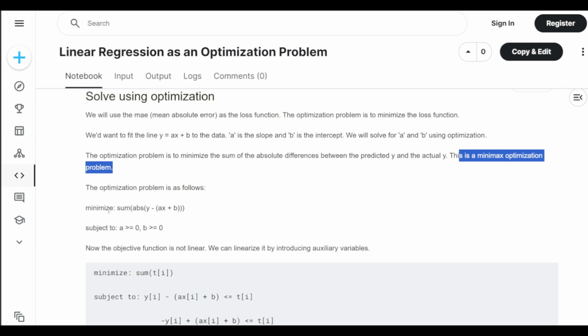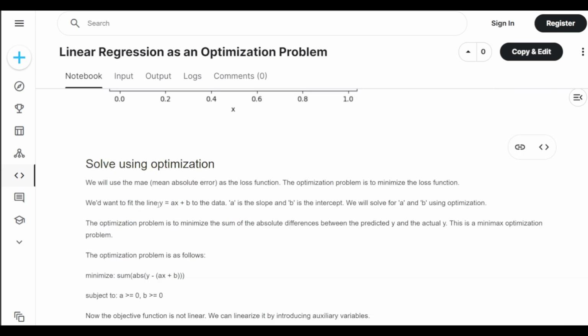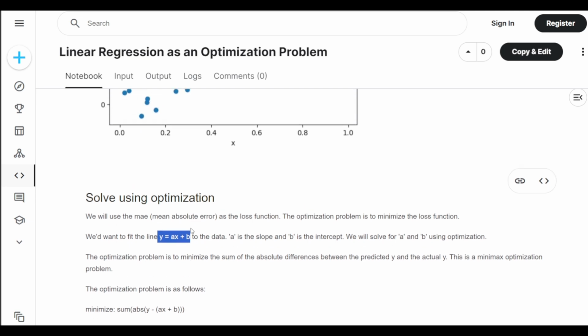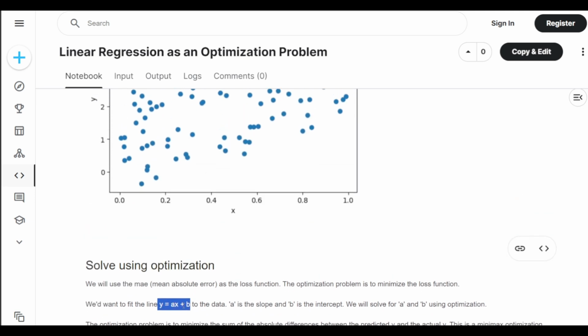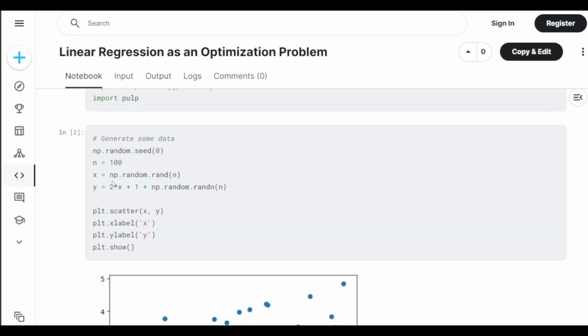And we can model this as minimizing the summation of absolute differences between y, which is the actual values, minus the predicted values ax plus b. And for the sake of this conversation, we would want to keep a and b positive. This is the line equation that we are trying to fit. We have chosen this explicitly because we would ideally want the a and b values to be as close to 2 and 1.